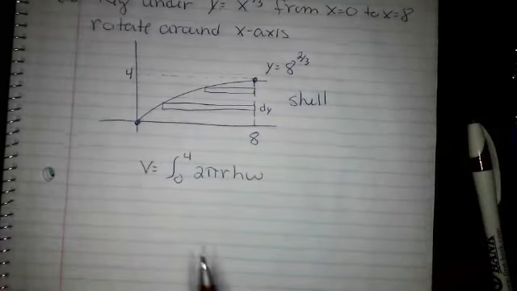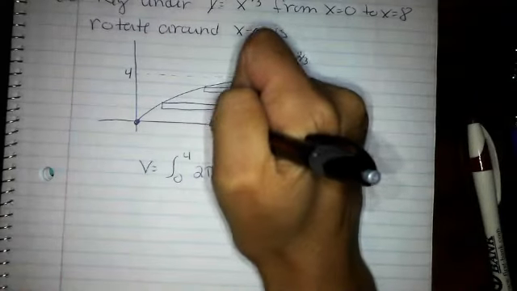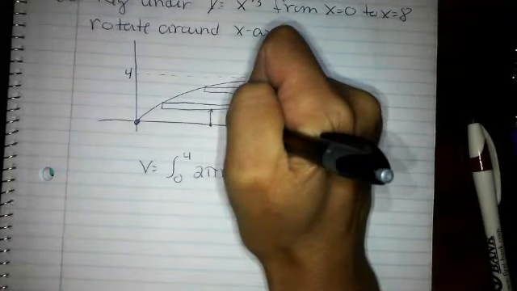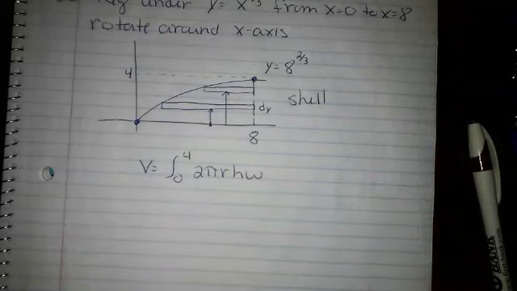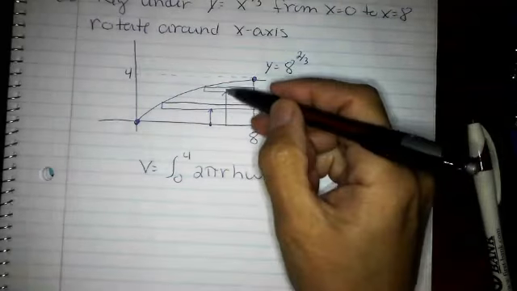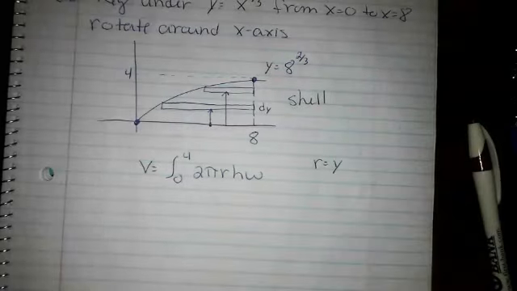Radius, remember, radius is the distance from your axis, which is the x-axis, to each rectangle. So you can see that's a vertical distance. I told you the radius would either be x or y. So because this distance is vertical, the radius is equal to y.